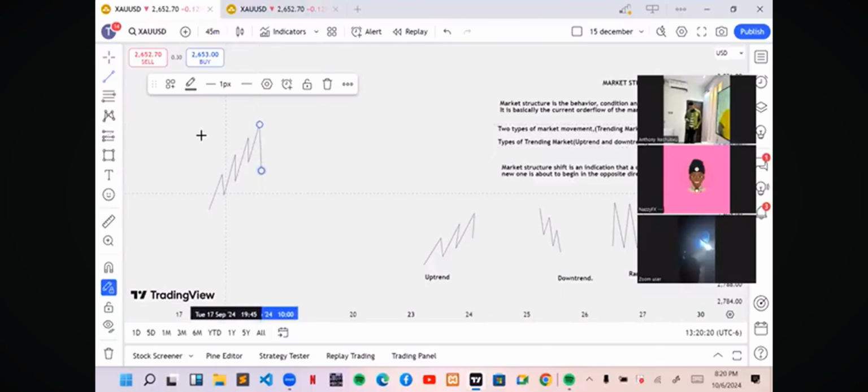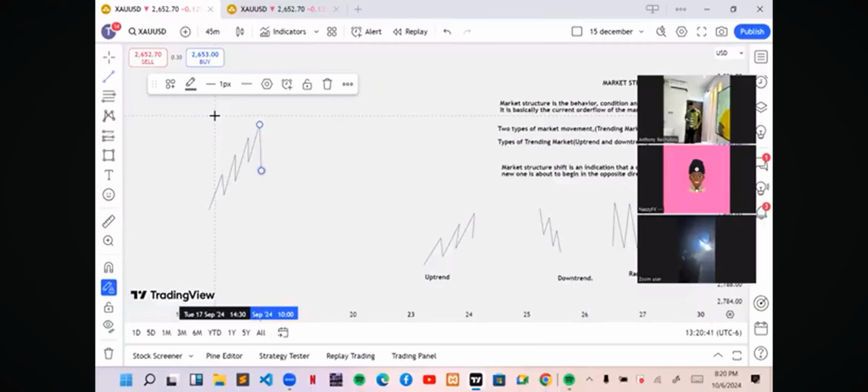Now, if you don't pay attention, the market structure has shifted. That's why it's called market structure shift. The previous trend the market was on would not be maintained. It's now an indication that this is no longer an uptrend, but the market is now turning into a downtrend.